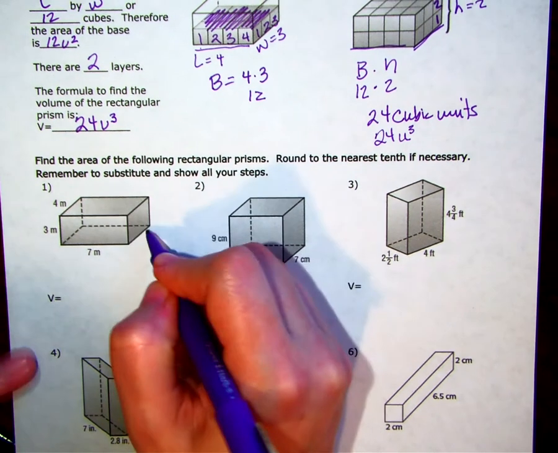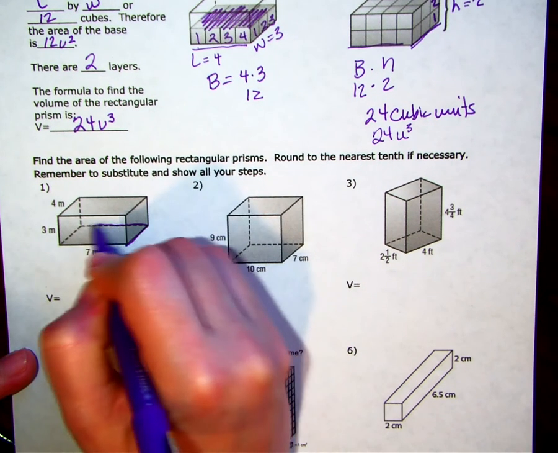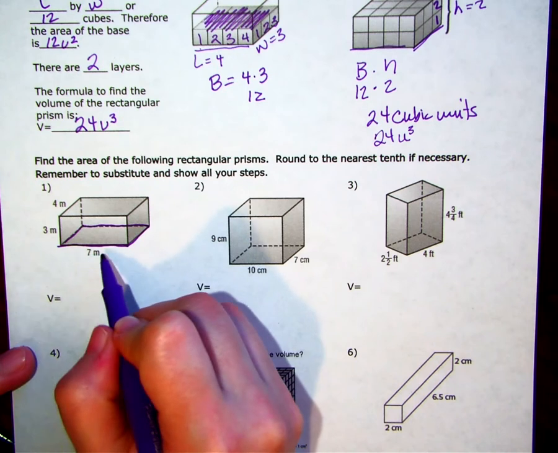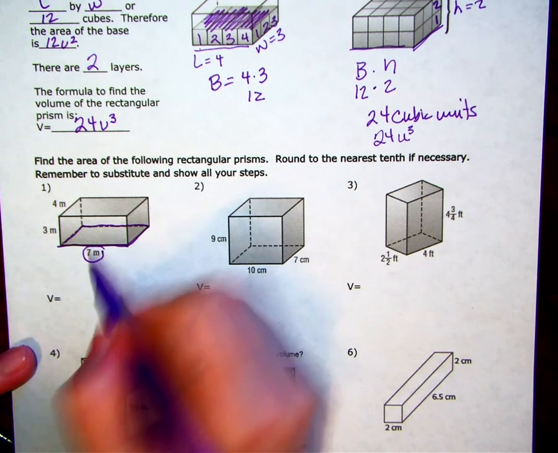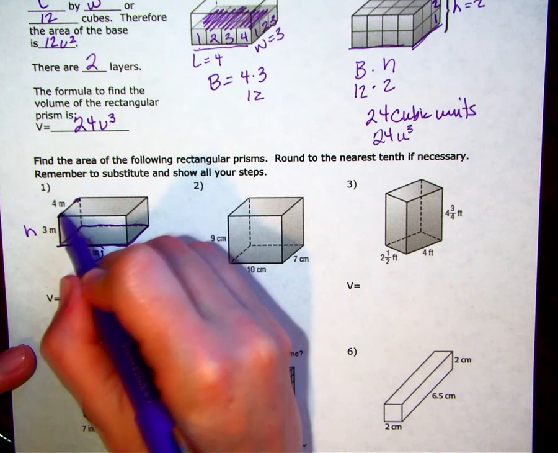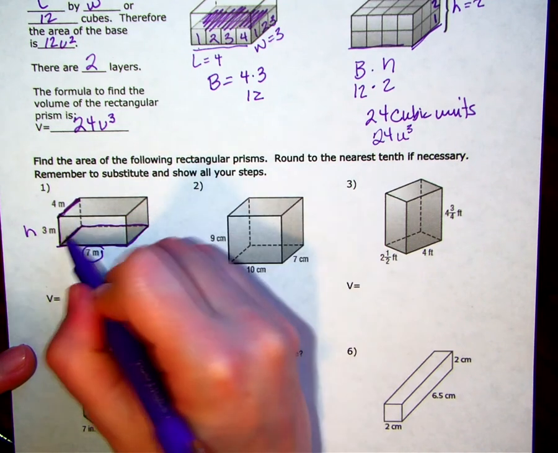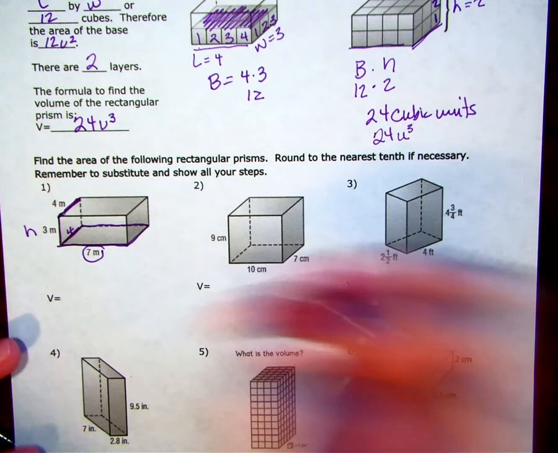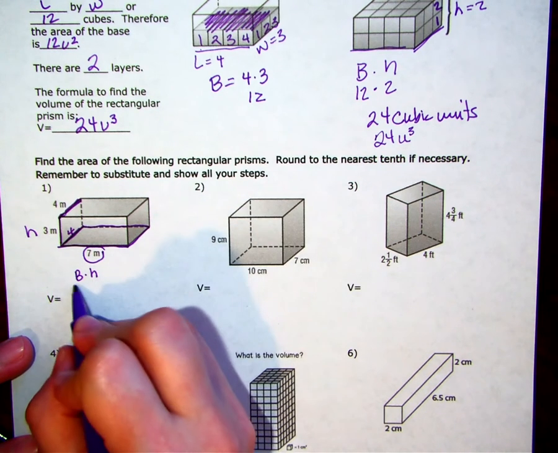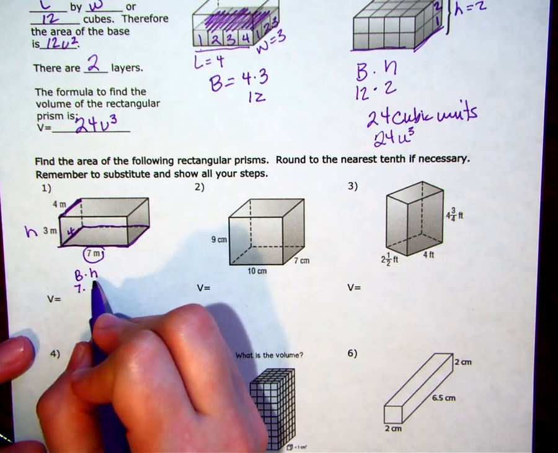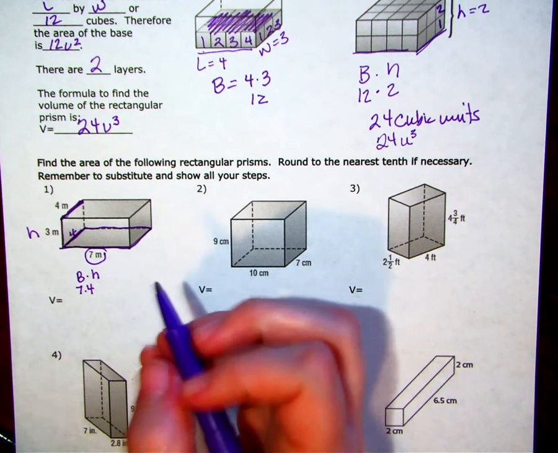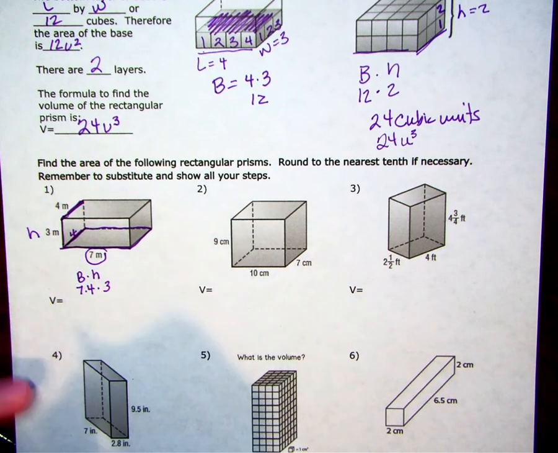So I'm going to say that this right here is my base. So there's only one dimension right here given to us, which is this one right here. This is the height of my figure, and from here to here is 4. So that means right here is 4. So my area of my base, big B, times H. 7 times 4 is big B. And then you would just take that and multiply it times 3.